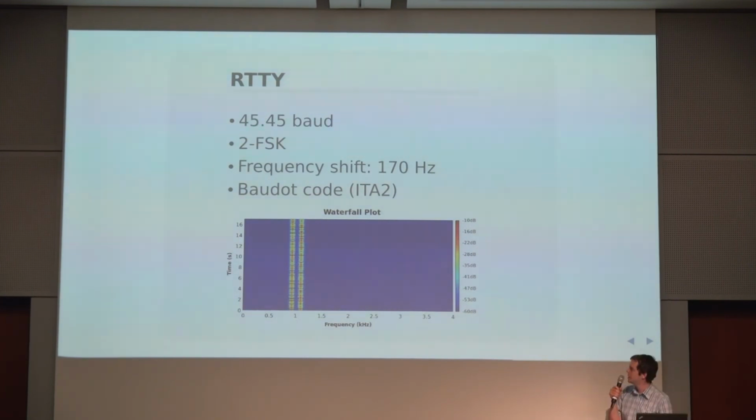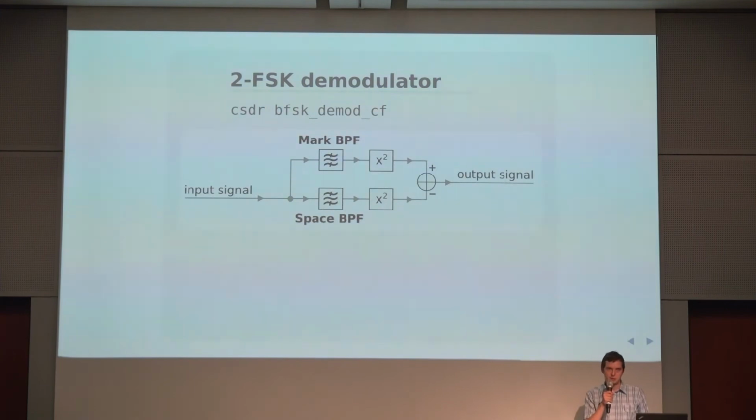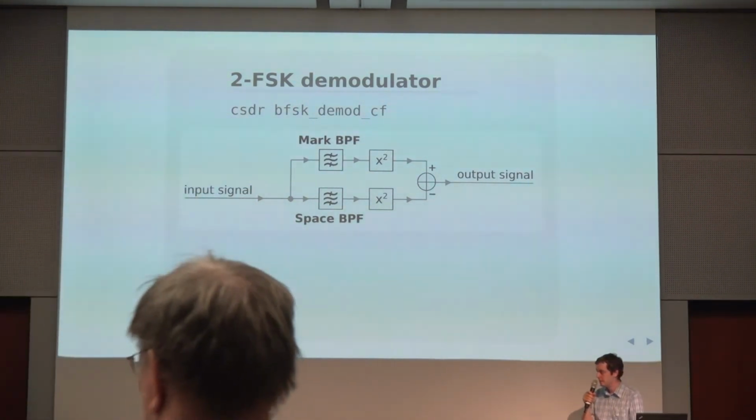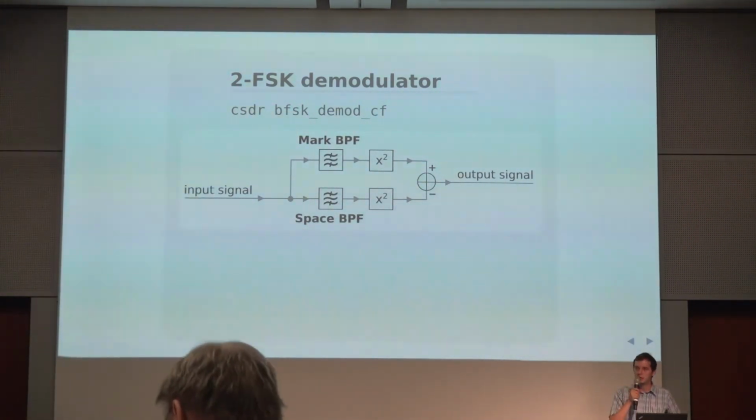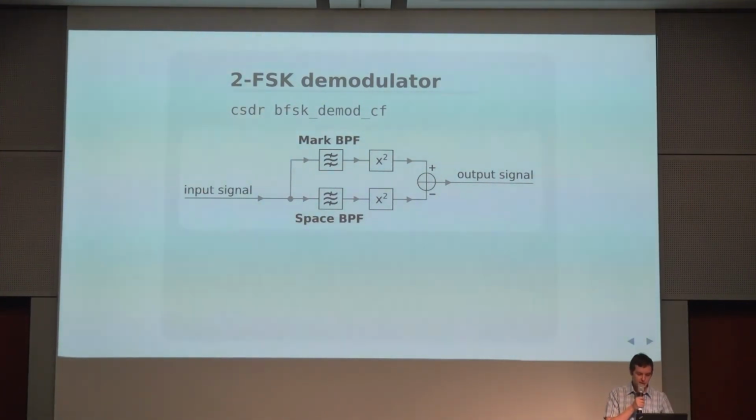As you can see, it is a plain FSK signal and uses a 5-bit code called Baudot code for encoding the characters. And this is one of the demodulator structures I've come up with, or that I tried for demodulating FSK. Of course, I found it in the literature.